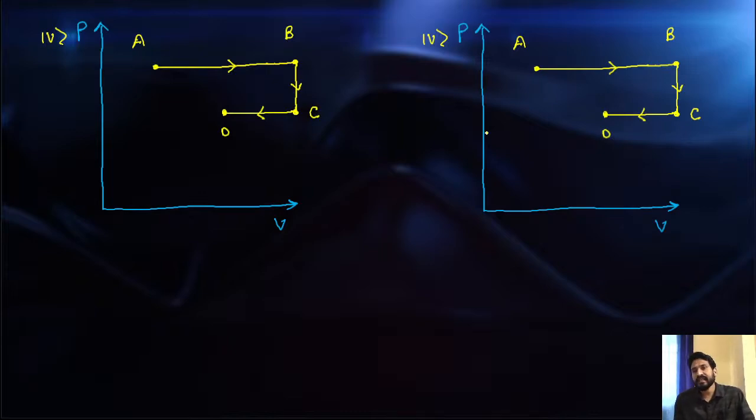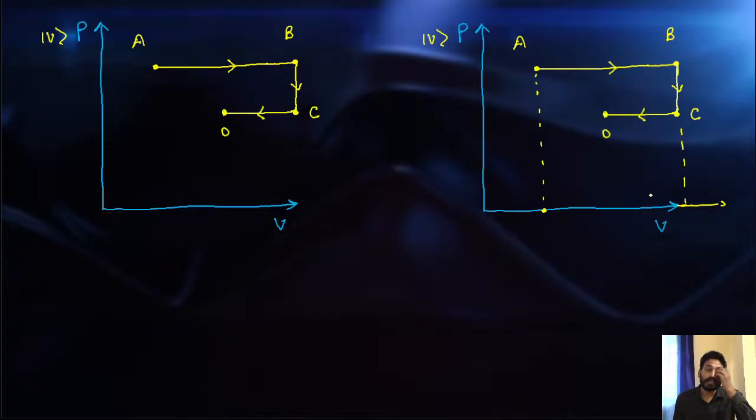If you are seeing the process A to B, this is the volume at A and this is the volume at B. Is it clear to you? So there is a volume expansion here. Whatever the area is under AB on the volume axis represents my work done, please mark my word.